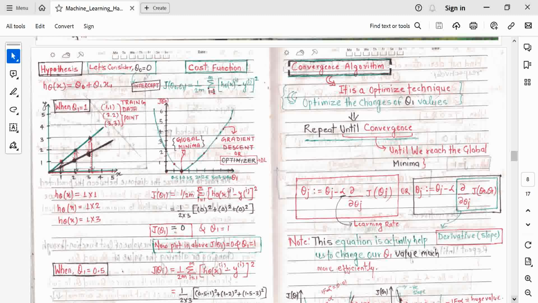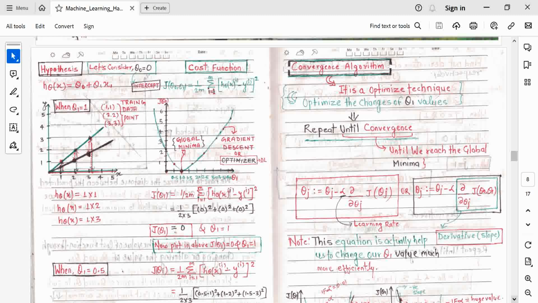These are called the training data, 1, 2, 3, and over here h theta of x equal to 1 into 1.